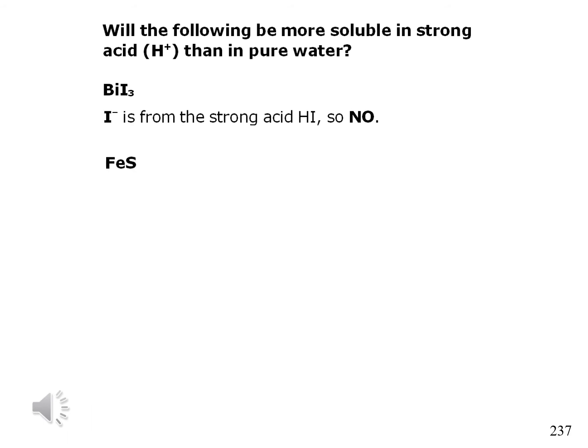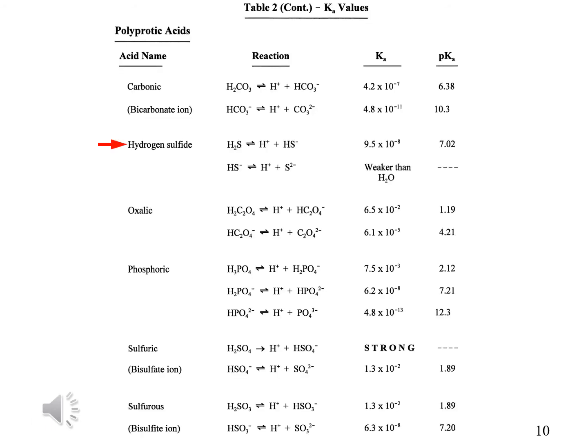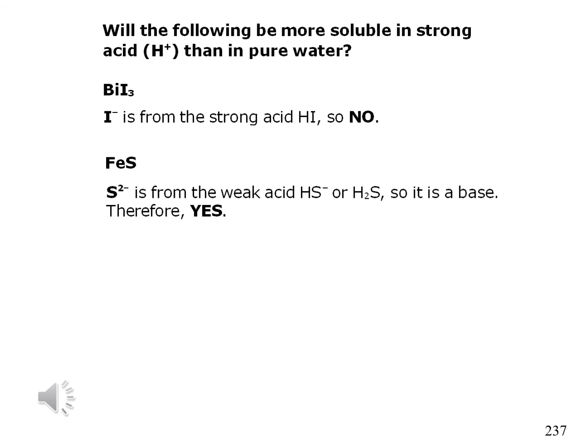For FeS, the only thing you need to look at is the S2 minus negative ion, which is a base because it's on the right of the arrows in the second step for H2S. So FeS is more soluble in strong acid.